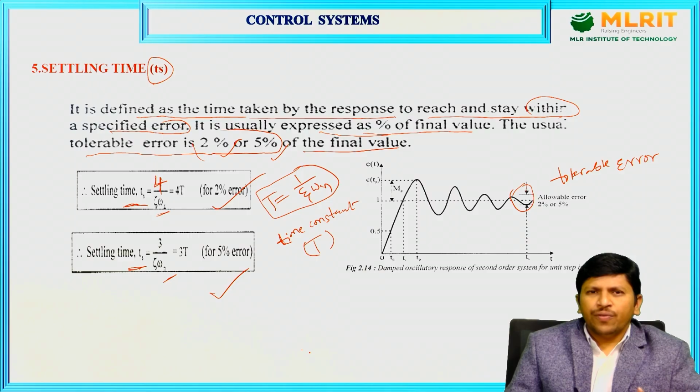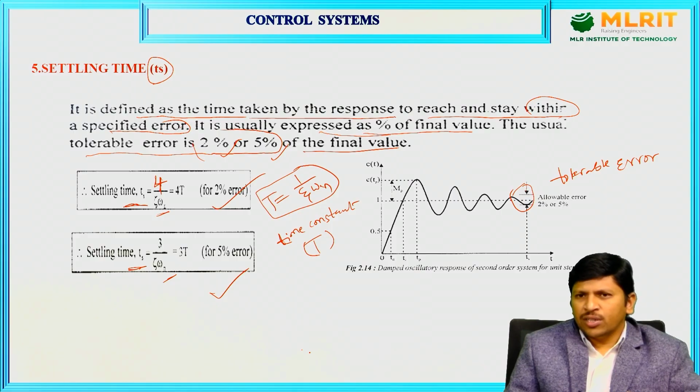In terms of that, we have the time domain specifications, like delay time, rise time, peak time, settling time, maximum overshoot or peak overshoot. These are the time domain specifications of an underdamped second order system for unit step input.